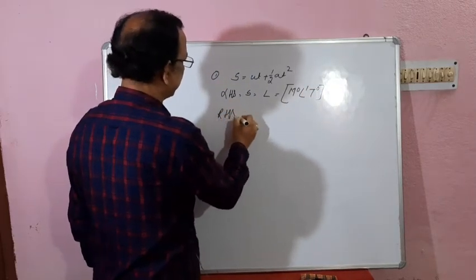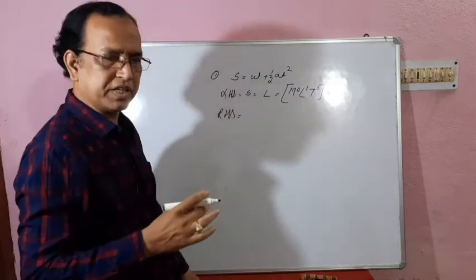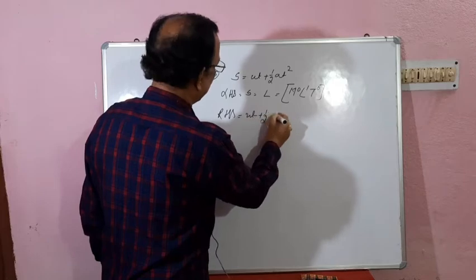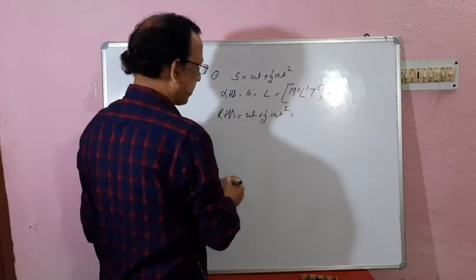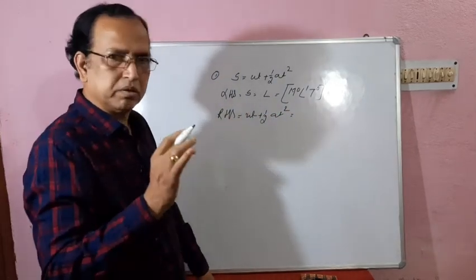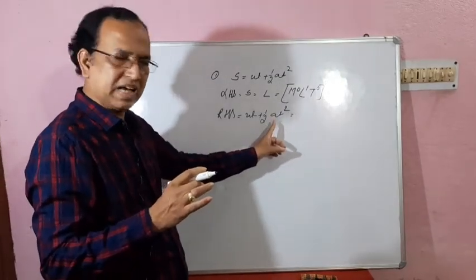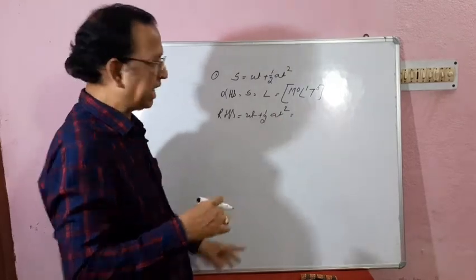RHS: ut plus half a t square. u is velocity, t is time, a is acceleration.